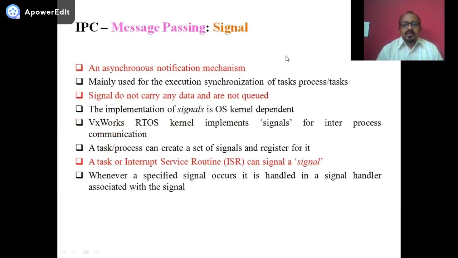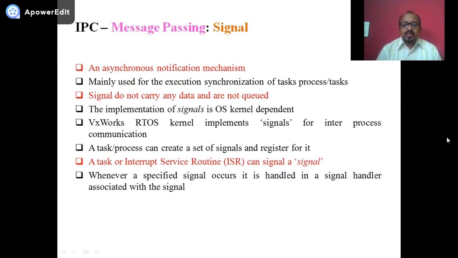Signal. Sometimes it is not required that a large amount of data be exchanged. Only one flag is enough. A yes, no, on off like that. So such notifications can also be exchanged between the two processes.